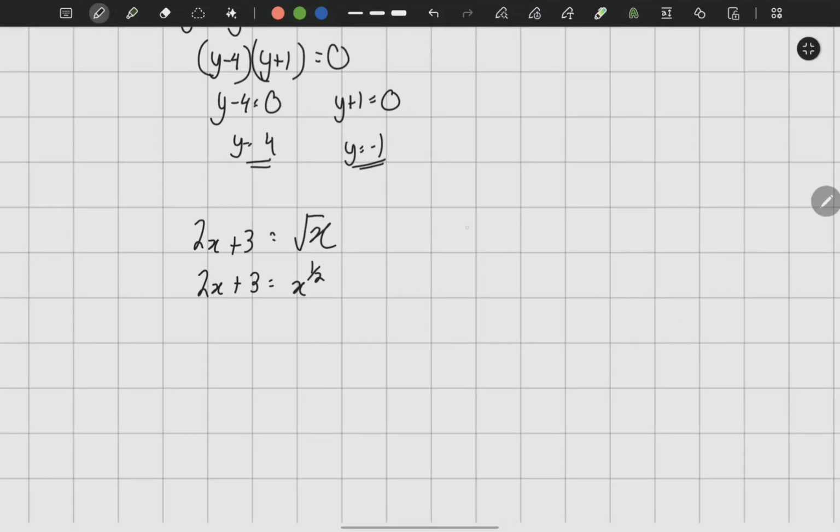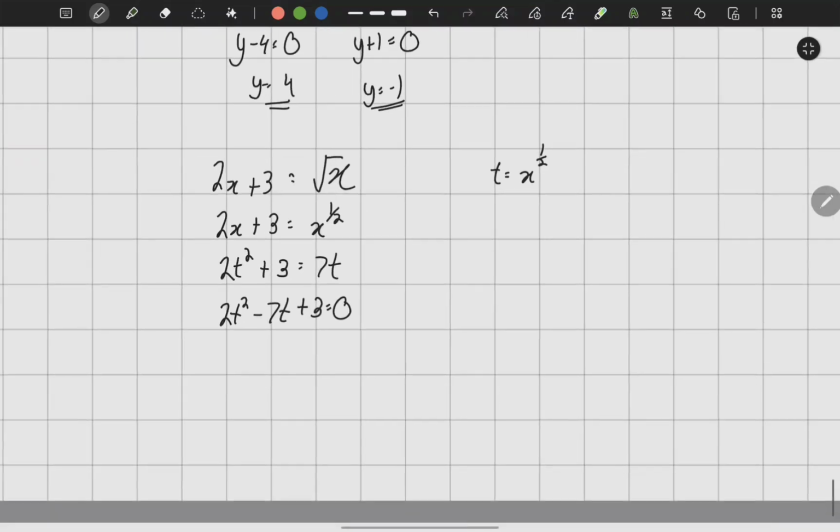We can substitute, let's just use t. t is equal to x to the half. You always make your variable the smaller one, so x to the half in this case. So then we would have 2t squared plus 3 is equal to 7t. Then if I move that to the other side, 2t squared minus 7t plus 3 equals 0.